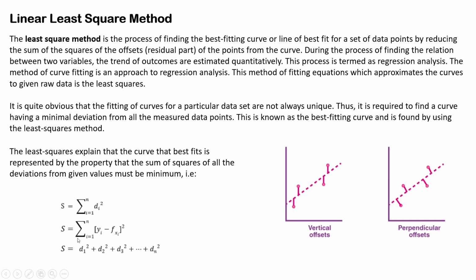You take the square of that and sum it over all points. Say your points are distributed like this, and your model tells you the curve is like this. How can you say if it is the best fit or not?